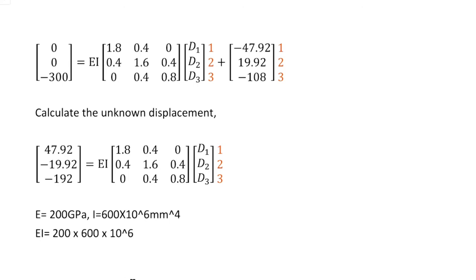We don't need to change into Pascal or Newton per meter square, because we have to remain in the unit kilonewton, so we change it to 10 power of 6. I want to write in superscript mode.